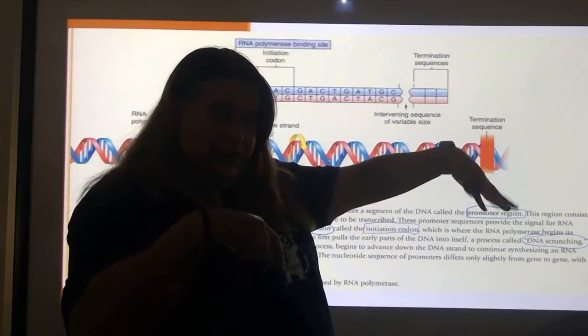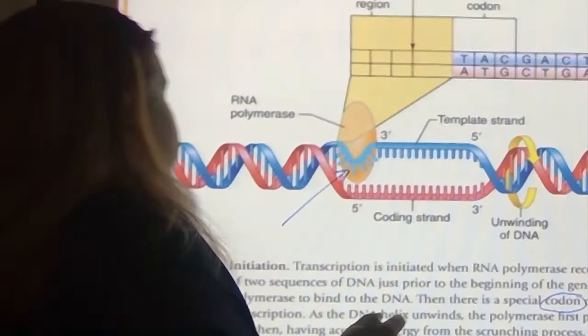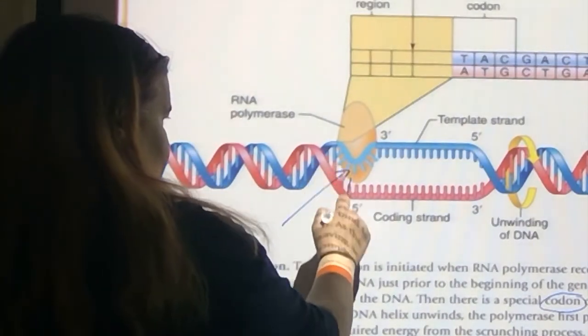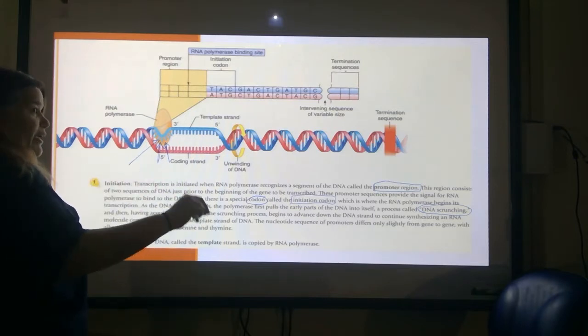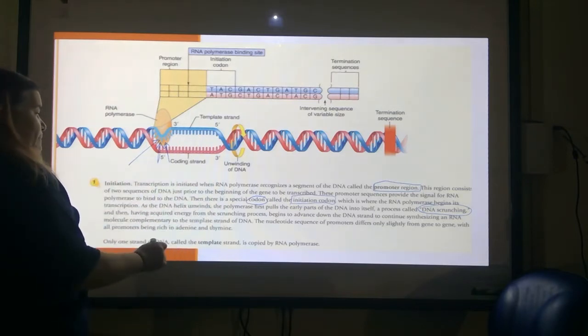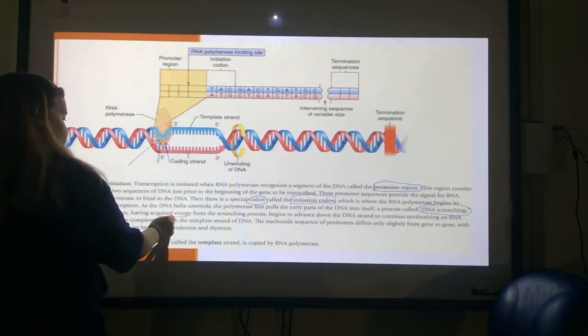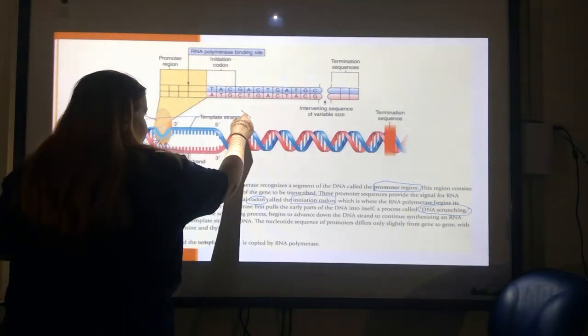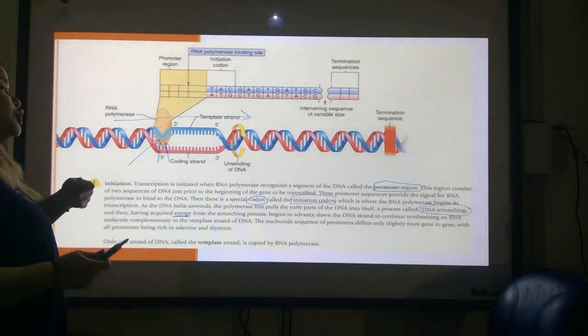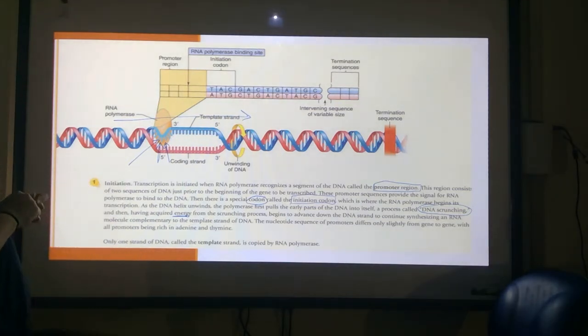So that the ball goes into the pinball machine. This scrunching is like the spring in the pinball machine. It gives it the energy to push down the strand of DNA, to advance down the DNA strand, to continue synthesizing the RNA complement to the template.